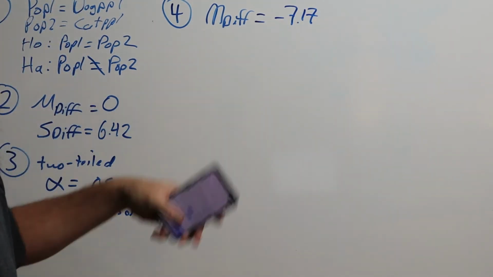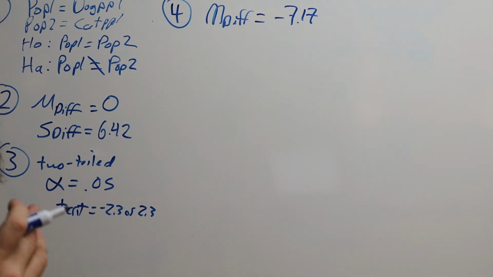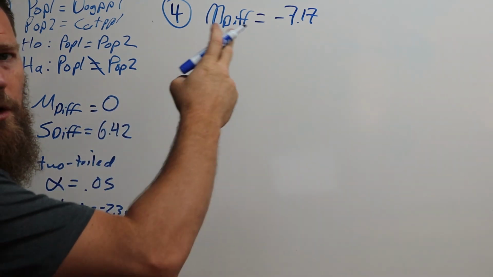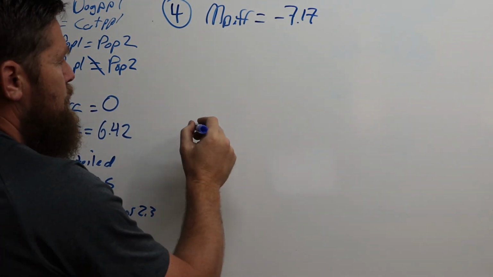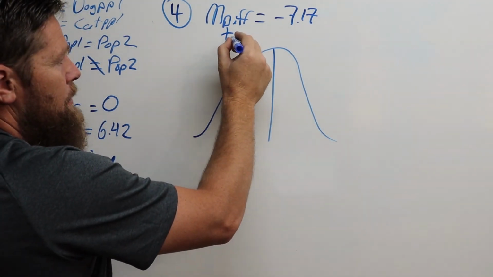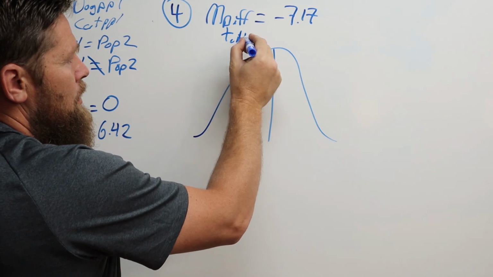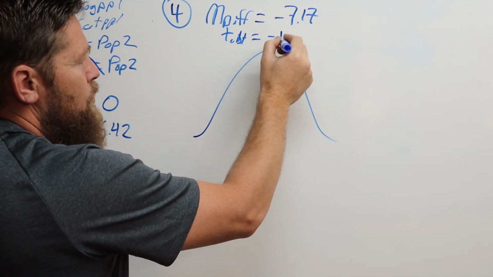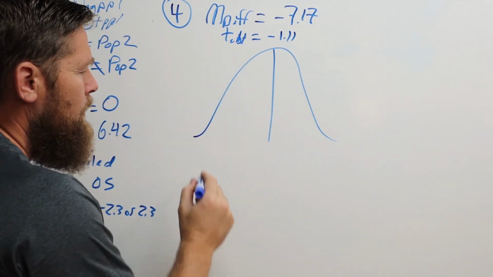Now we have to put that, remember, because step 4 is to determine your sample score on the comparison distribution. So on the comparison distribution of means here, we found that our T obtained was negative 1.11.